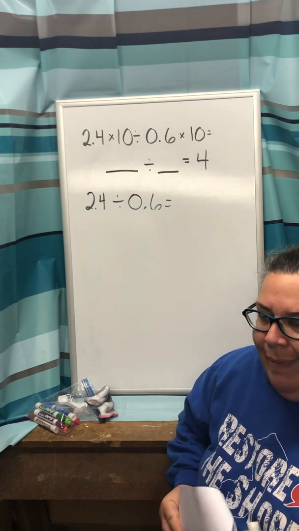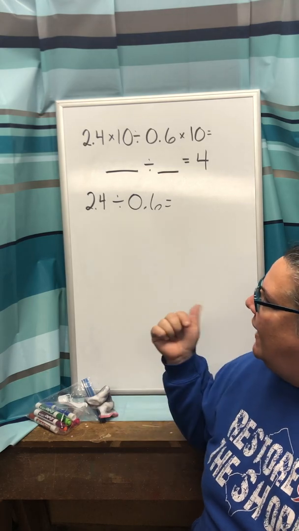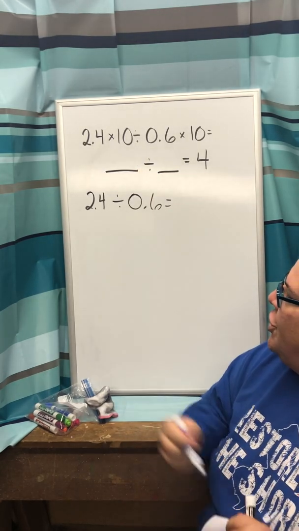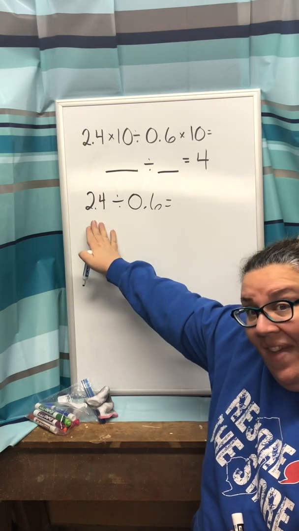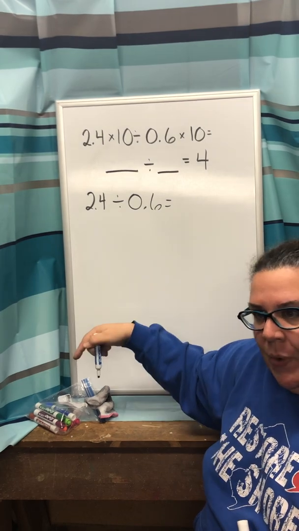So what they're basically telling us here, long explanation, but they're telling us that if we take this number model, the original problem is 2 4/10, 2.4, divided by 6/10, 0.6.